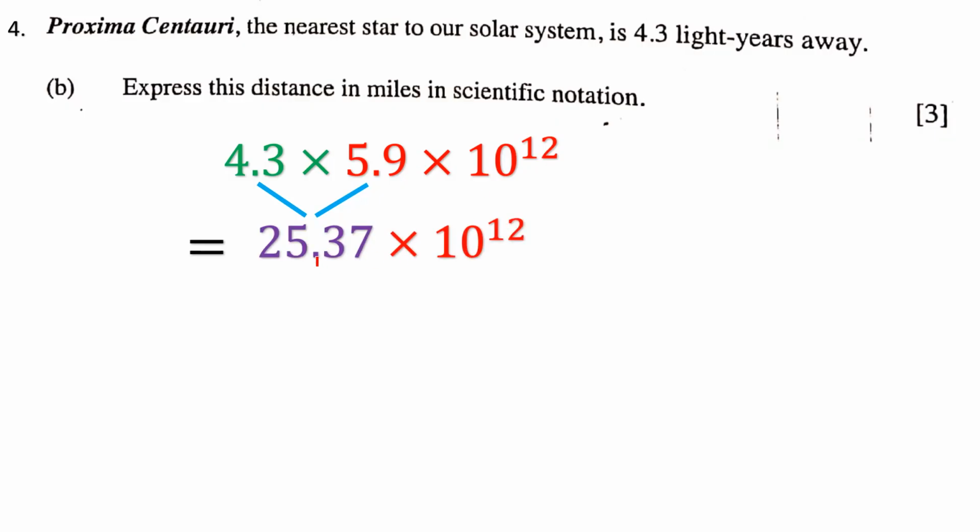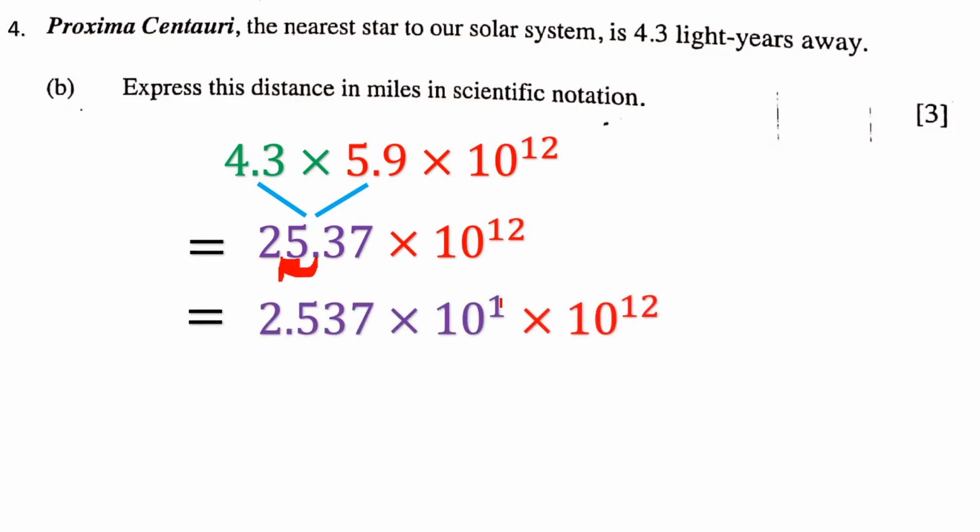What I'm going to do is move this decimal point over. When I move this decimal point over, that gives me permission to write 10 to the power of 1. Because this one in purple, 2.537 times 10 to the power of 1, is the same thing as 25.37. But the problem is, for scientific notation, the number cannot be 10 or greater.